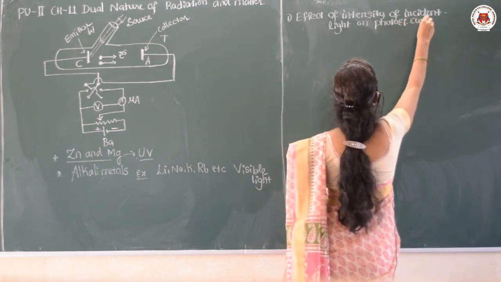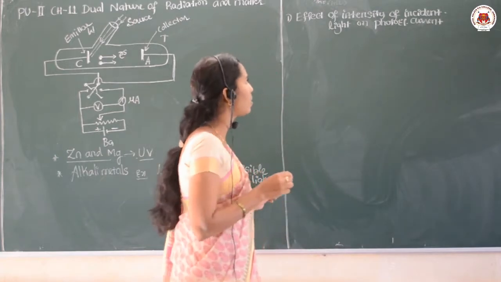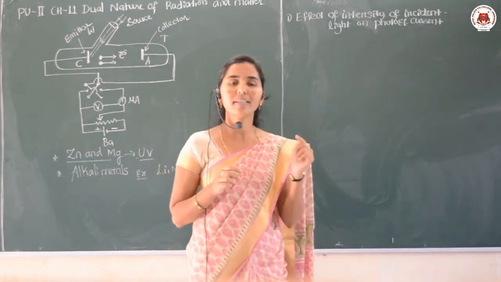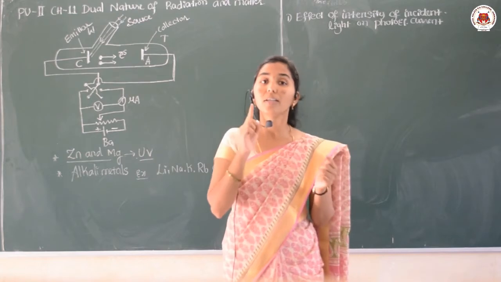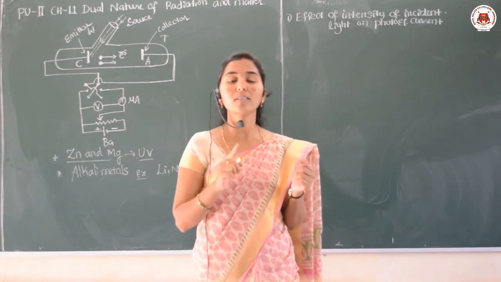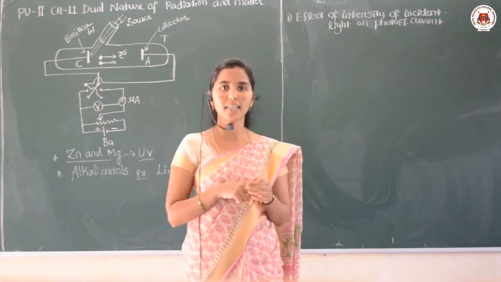We discussed that if the intensity of the incident radiation increases, the number of photoelectrons emitted from the metal surface also increases.